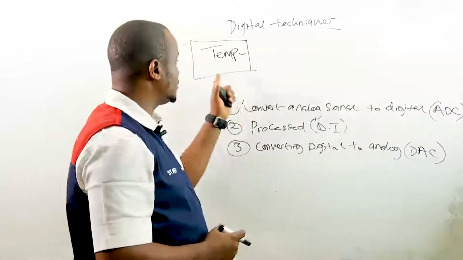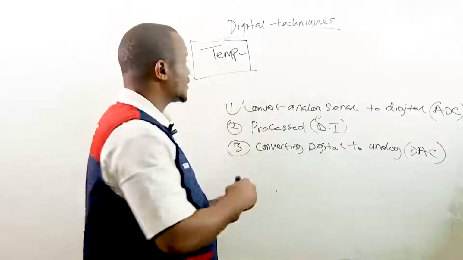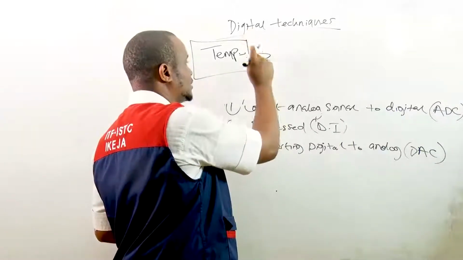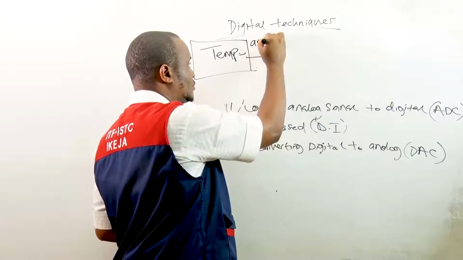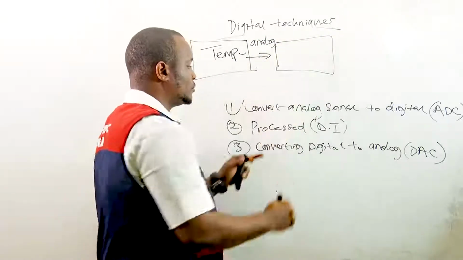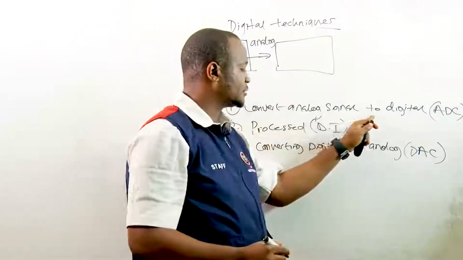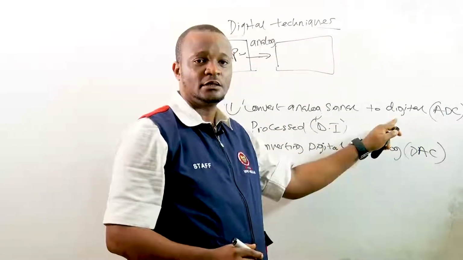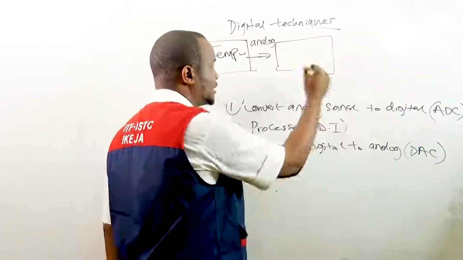Now, when we have a measuring device such as temperature, the signal out of the temperature device is analog. And then it has to go through a process of converting the analog signal to digital. And I told you it's an ADC.